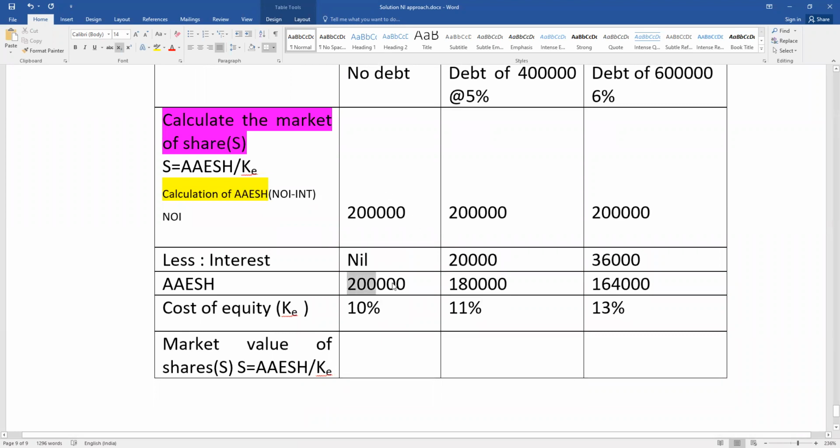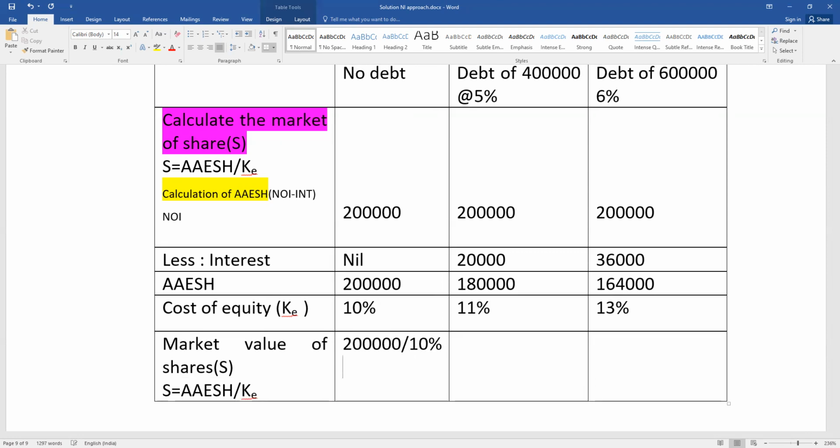You have your amount available to equity shareholders, you have your KE below. So you get 2 lakh divided by 10%, which is 20 lakhs. Rupees 20 lakhs is the value of the share.